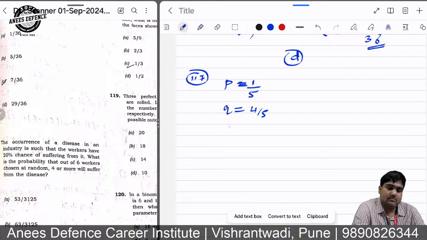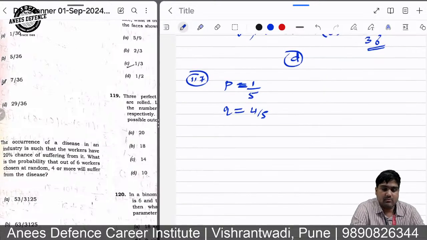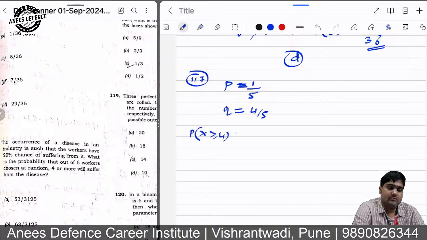Out of 6 workers, 4 or more will suffer from the disease. So n is here 6. So 6C4 p to the power 4 q square plus 6C5 p to the power 5 q plus 6C6 p to the power 6.